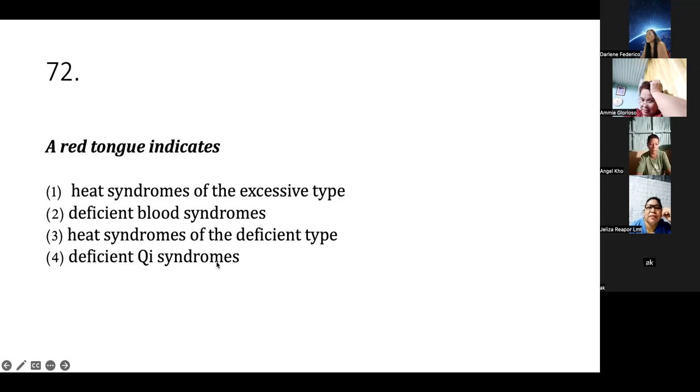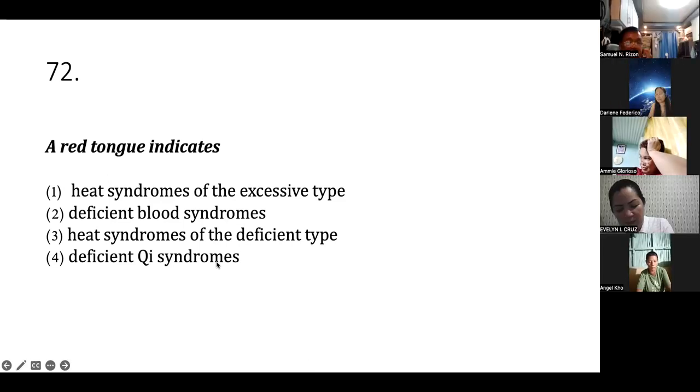And number 3, heat syndromes of the deficient type. Yes, you have a red tongue. That is what we call yin deficiency with empty heat. Very good. What about deficient chi syndrome? That fails. Chi deficiency, still red, Doc.